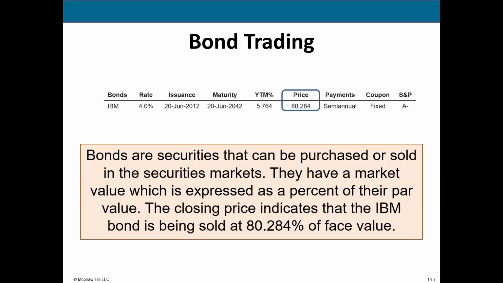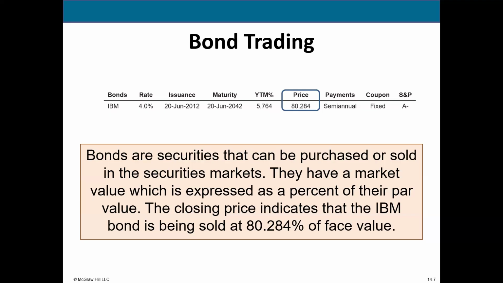The yield rate is 5.764%, and it has a current sale price of 80.284%. What that implies is that if we were to purchase this bond, it would be 80.284% times the face value of the bond, and that would be the purchase price.